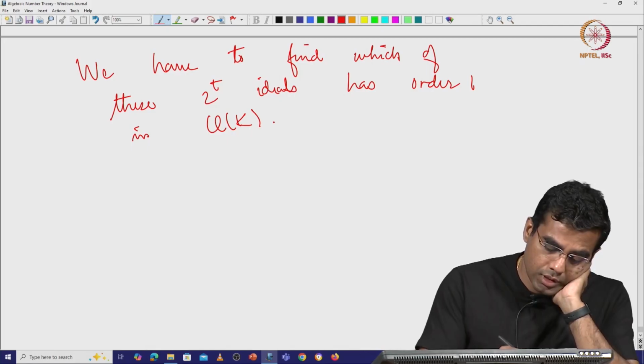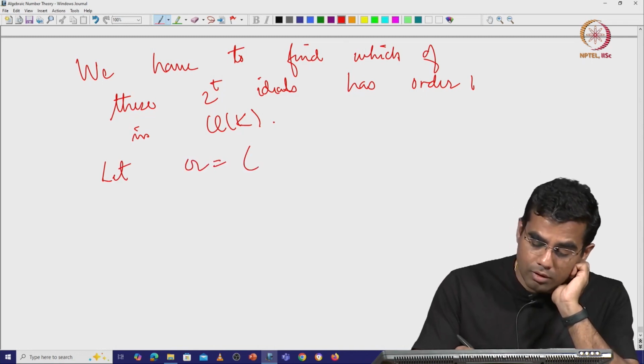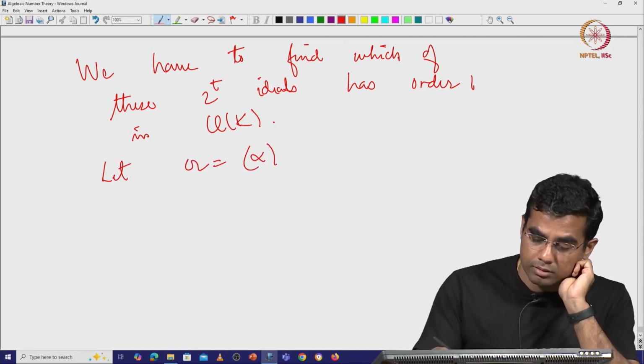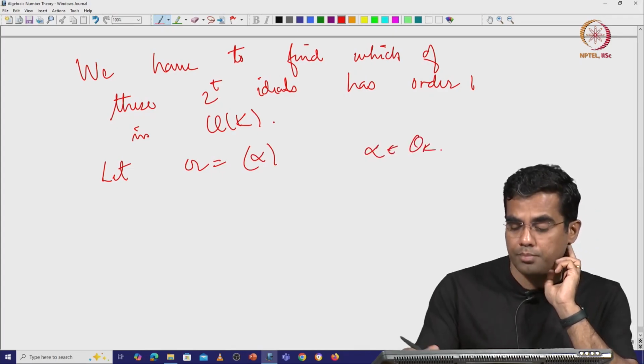So say A is a principal ideal, which is of the form (alpha), where alpha belongs to O_K, right.